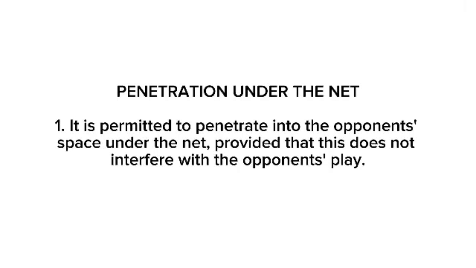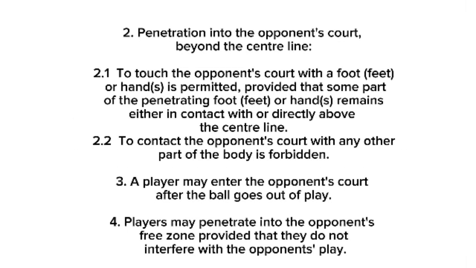Penetration under the net. Number 1. It is permitted to penetrate into the opponent's space under the net, provided that this does not interfere with the opponent's play. Number 2. Penetration into the opponent's court beyond the center line. To touch the opponent's court with a foot, feet, or hands is permitted, provided that some part of the penetrating foot, feet, or hands remains either in contact with or directly above the center line.